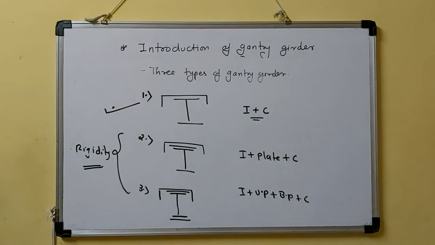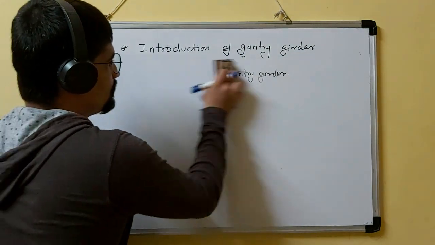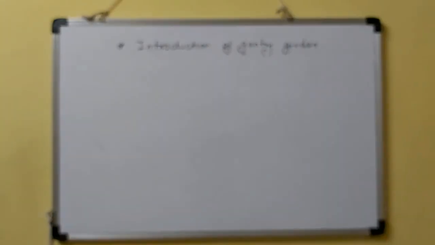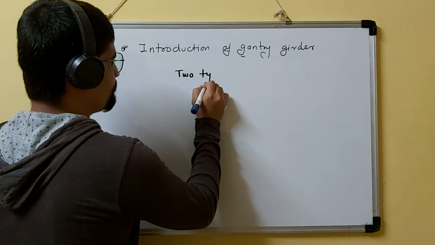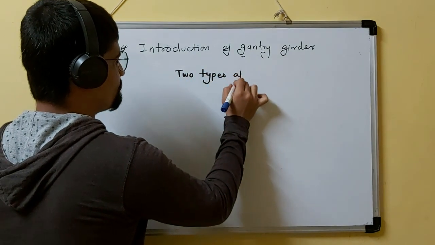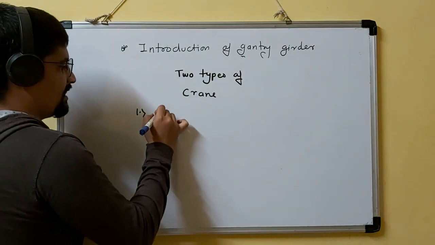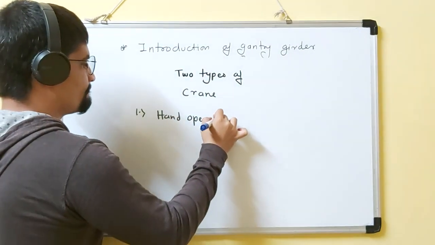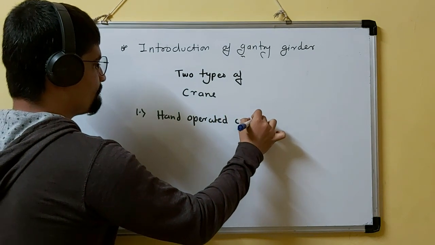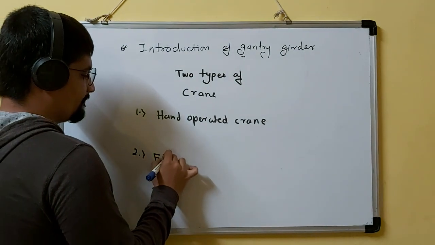Now there are two types of crane. First one is the hand operated crane, and second one is the electrically operated crane.